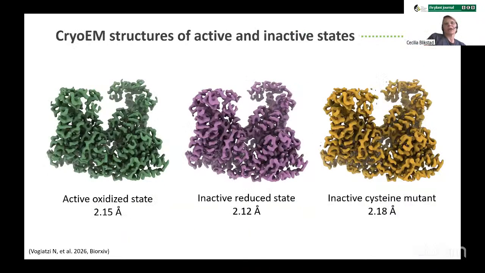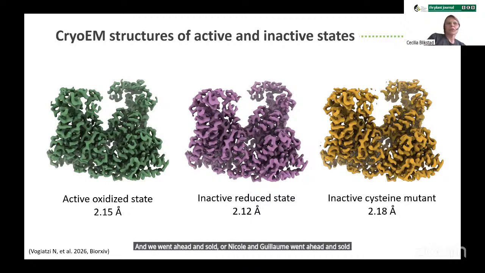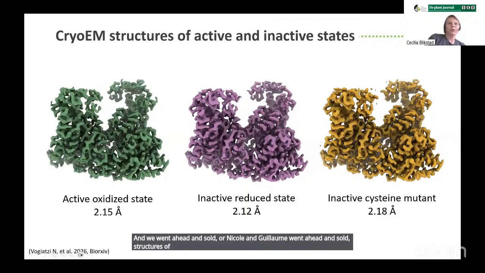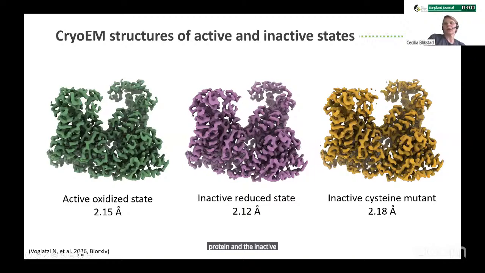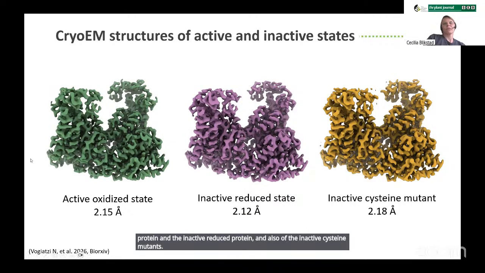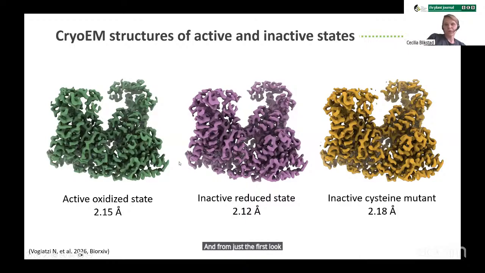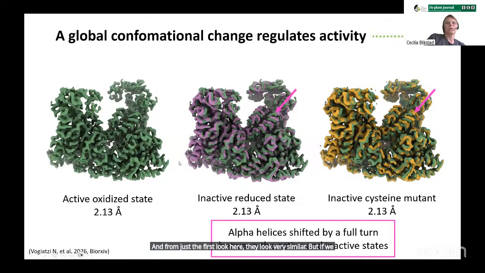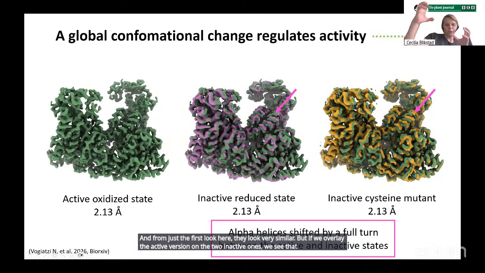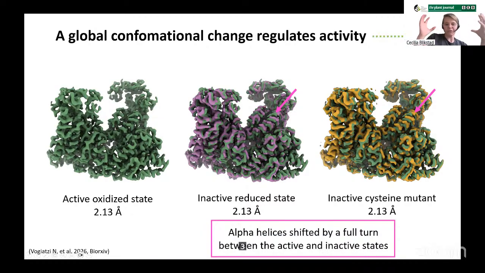And Nicole and Guillaume went ahead and solved structures of the active oxidized protein and the inactive reduced protein, and also of the inactive cysteine mutants. From just the first look here, they look very similar. But if we overlay the active version on the two inactive ones, we see that there are actually pretty large global shifts within the enzyme.